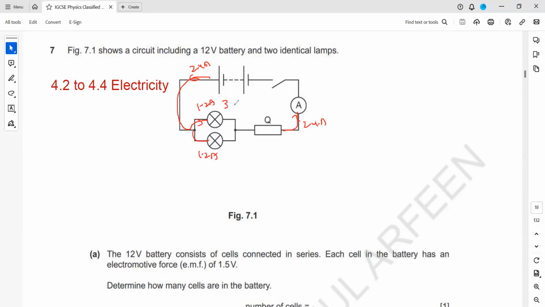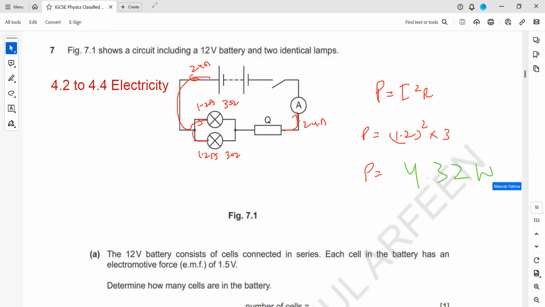The resistance of each lamp is 3. If you need the power, because we have the current and the resistance, P equals I squared R. So 1.2 squared multiplied by the resistance, which is 3. This will give us the power, 4.32 watts. That's the power of one lamp.